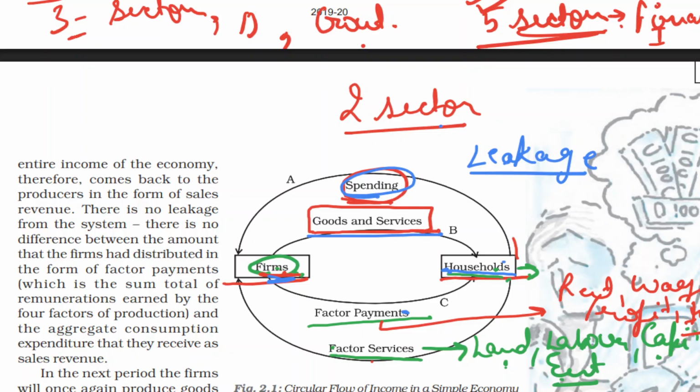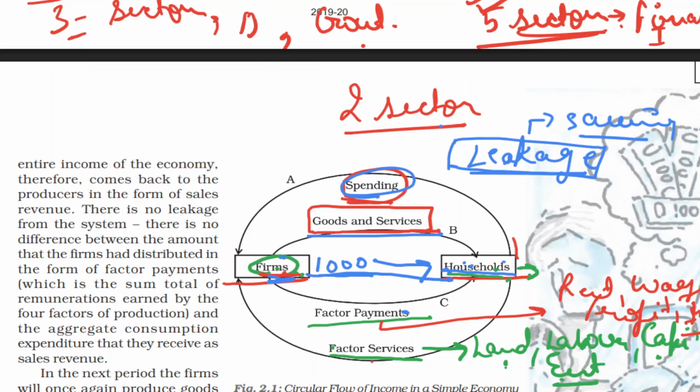Now, if there are no leakages, suppose the firm's revenue is 1,000, so your income will also be 1,000, because you will be providing your services, you will be receiving the payment, the firm will be providing goods and services, and you will be spending, so you both will have the same income. But if there are leakages, now what do leakages mean? In macroeconomics, savings are known as leakages.